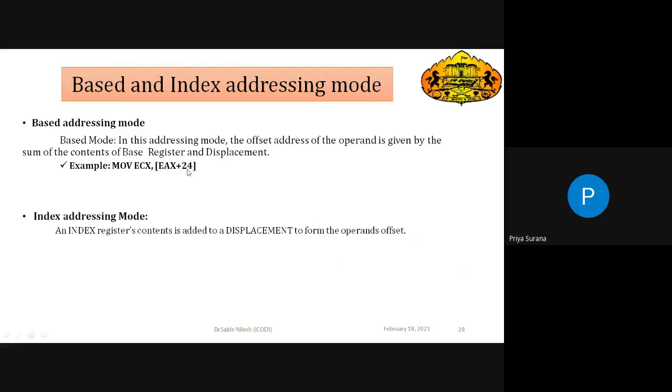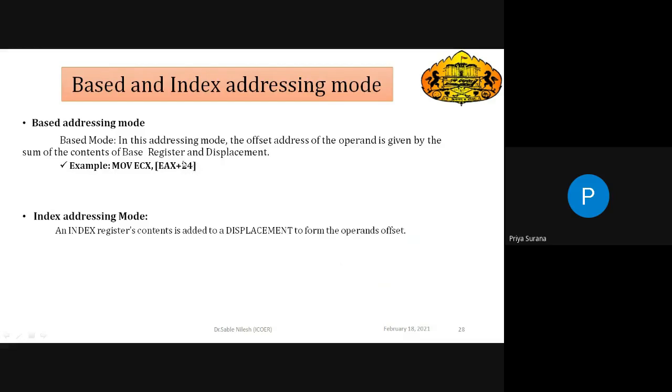For example, as already discussed, square bracket indicates a memory location. So whatever contents are in EAX will act as a memory location. It will be incremented, or added, with 24, and from whatever address is generated, data will be copied or moved to the ECX register. So for execution of this instruction, the data comes by using the base register as well as the displacement.